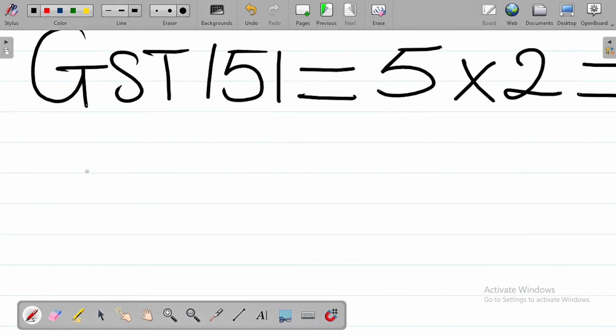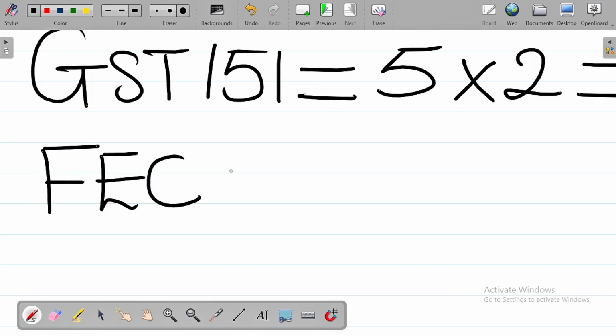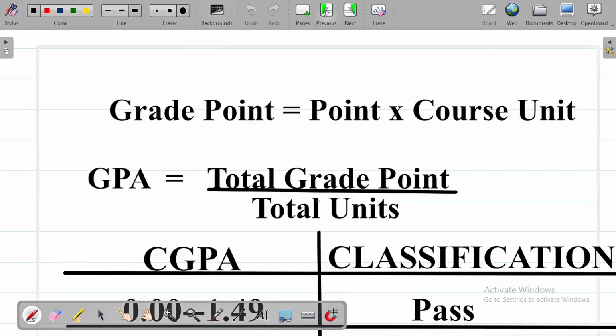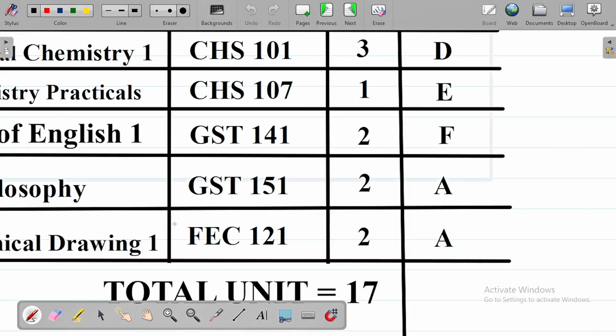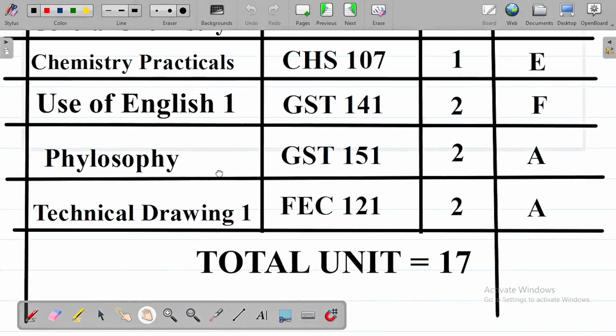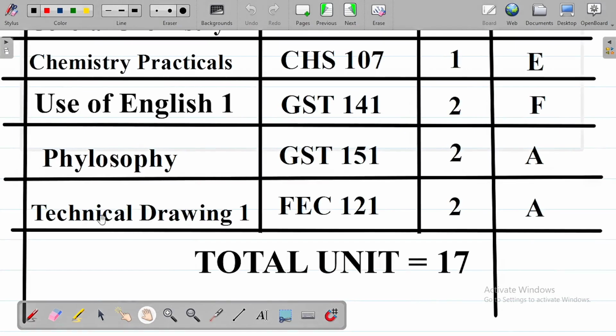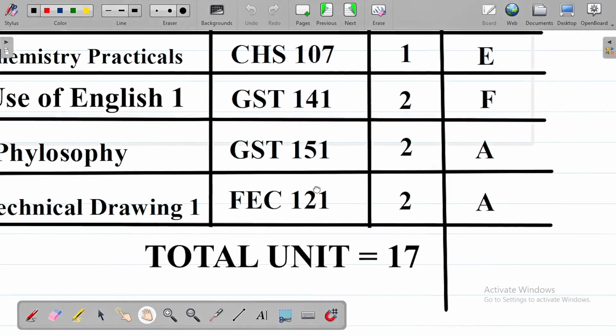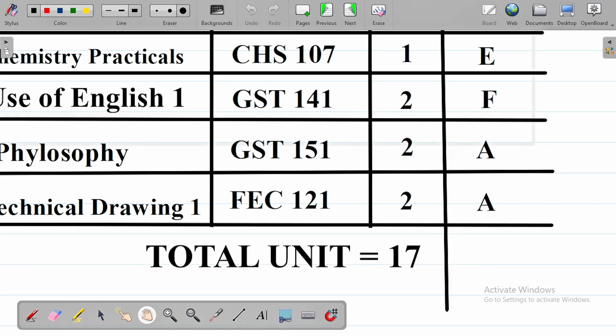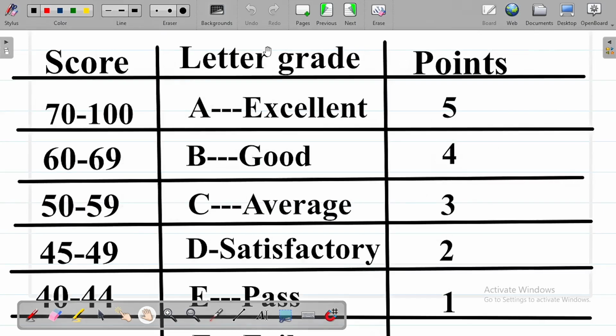All right, let's consider the last course. We have FEC 121. FEC 121 is Technical Drawing 1, and it is a 2-unit course, and the student has A in FEC 121.